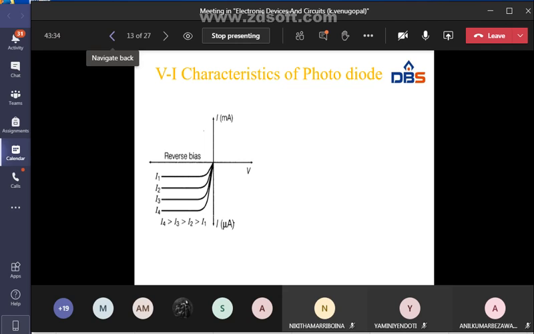There are different operating modes of a photodiode, three modes: photovoltaic mode, photoconductive mode, and avalanche diode mode. Photovoltaic mode is also known as zero bias mode.